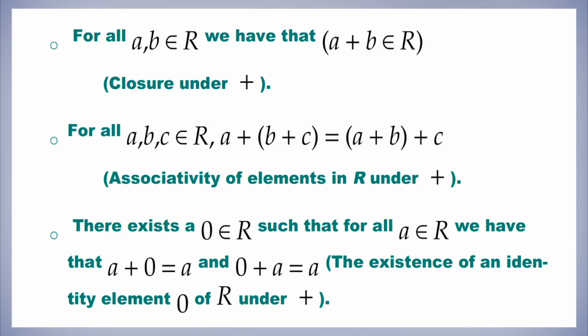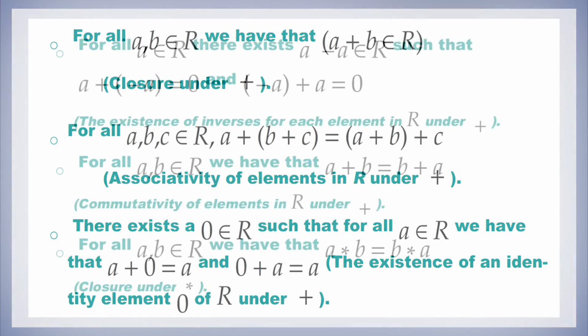There exists a 0 in R such that for all a in R, we have that a + 0 = a and 0 + a = a, the existence of an identity element 0 of R under plus.